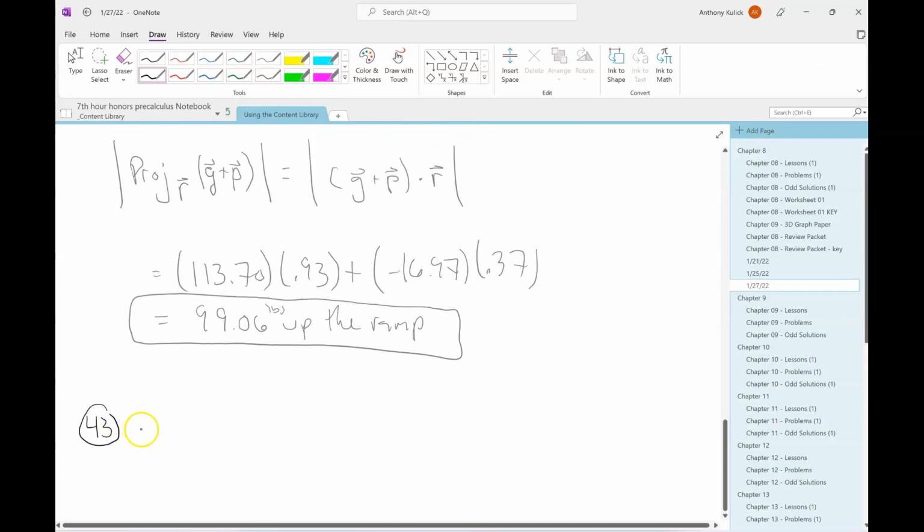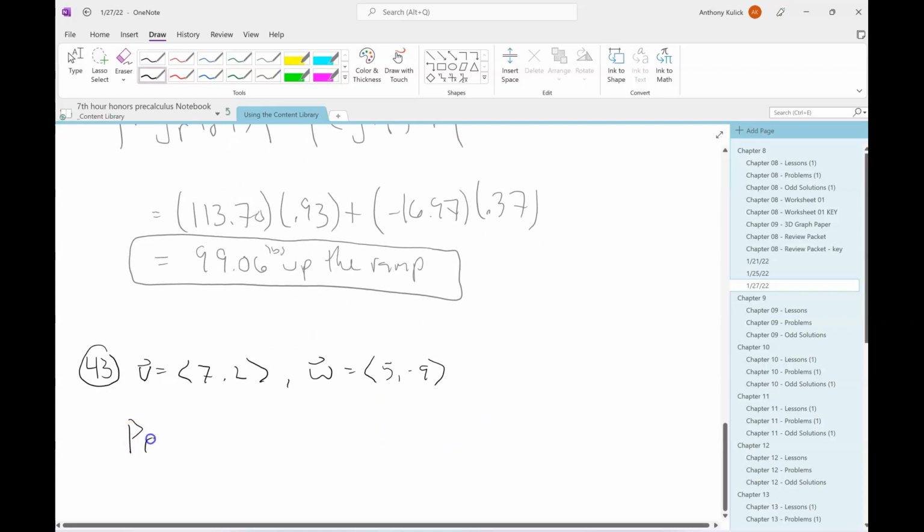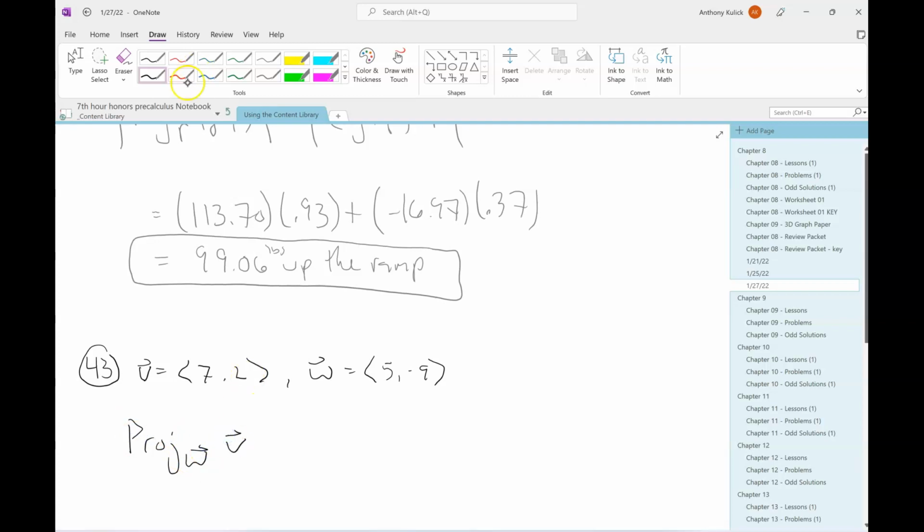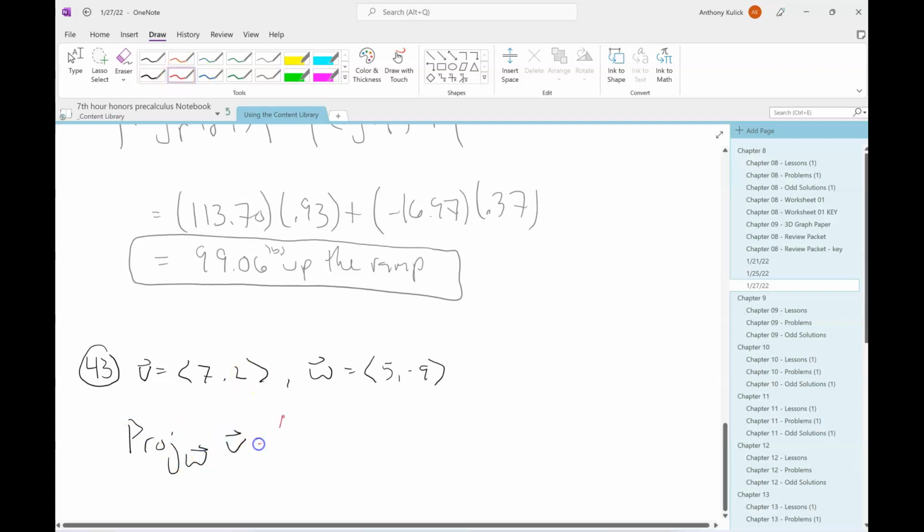So here we have that the vector v is 7, 2, and w is 5, -9. And we want to do the projection of v onto w. So just use our projection formula.